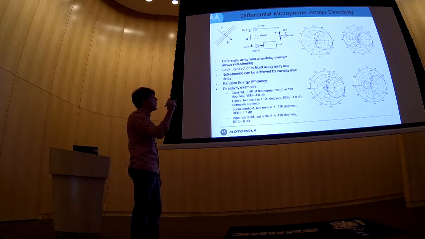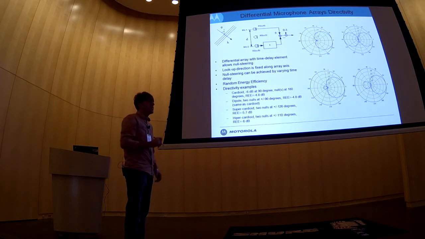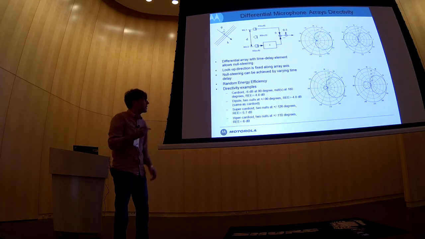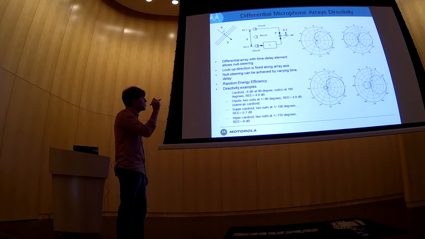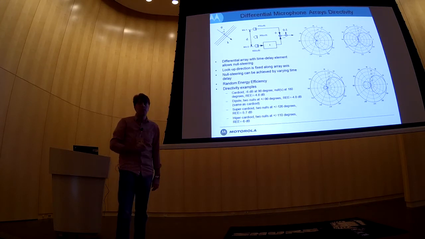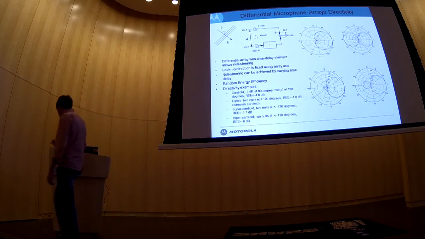Now, between those two cases of dipole and cardioid, there's various other possibilities, various other limaçon patterns that are obtainable just by varying that term, tau, or the amount of delay that we introduce in the system.